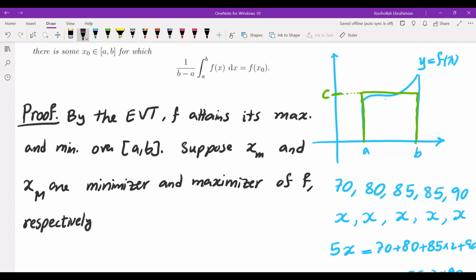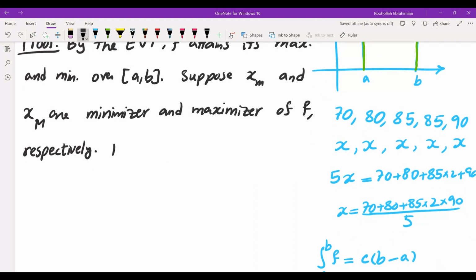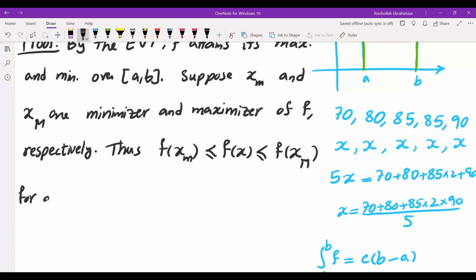So that means f of x sub lowercase m is less than or equal to f of x, which is less than or equal to f of x sub capital M, for all x. Now we can take the integral of both sides.